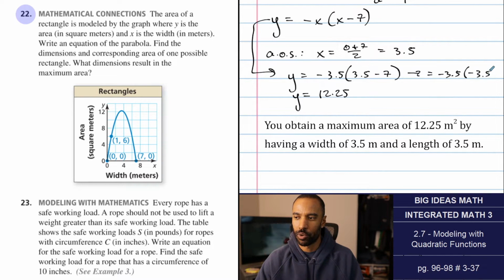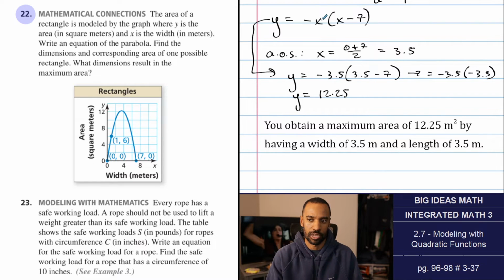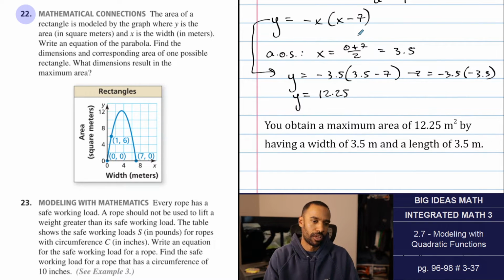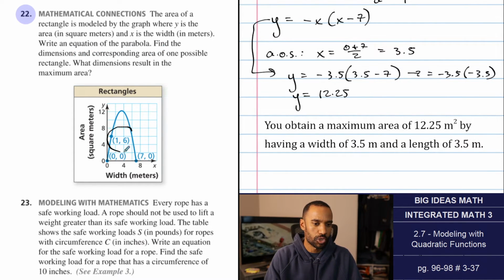I guess we have to ignore the negatives for a moment. The fact is we're multiplying 3.5 by 3.5. X represents width right there. So length would also be 3.5 in that case. So both of those would be 3.5 by 3.5. That's what we'd get for that. They said find the dimensions and corresponding area of one possible rectangle. I think they're referring to this one here.